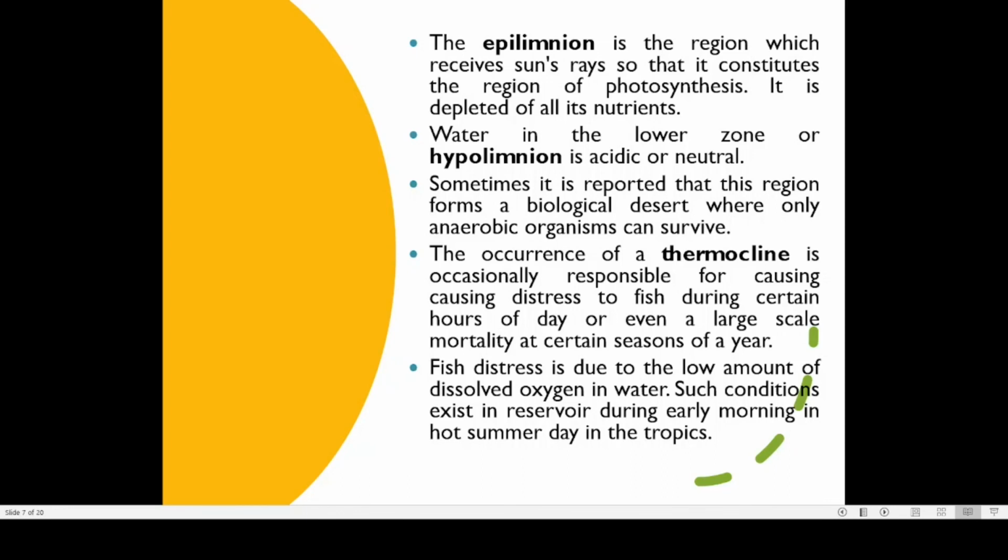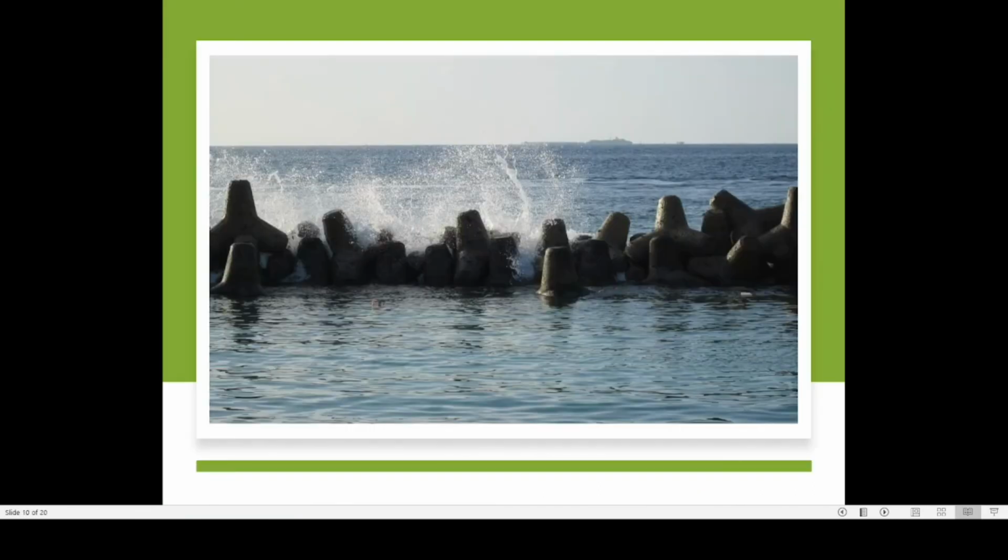Sometimes even though the upper water contains a lot of oxygen, because of the thermocline, the lower water may not have any oxygen, and that will lead to the death of fish. That situation usually occurs in an aquaculture pond, and that is why the ideal depth of an aquaculture pond is always considered 2 meters, so that there is no chance for thermocline formation. These are some of the important points that we have to take into consideration while building an aquaculture pond. Now we have 3 more topics that we will take in the next class.